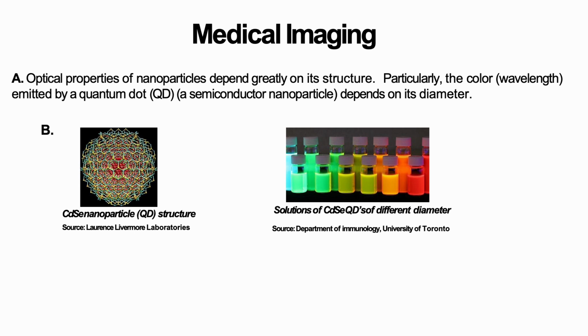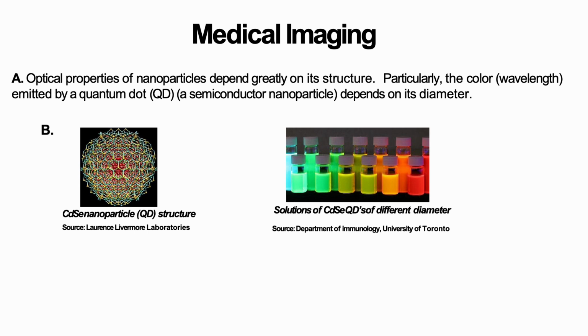On the left side of the slide, you can see the quantum dot or QD structure. Depending on its diameter, it's going to give you a different wavelength. It's very interesting because now we can use these quantum dots at several sizes or diameters.